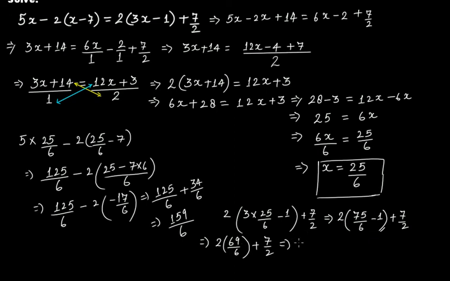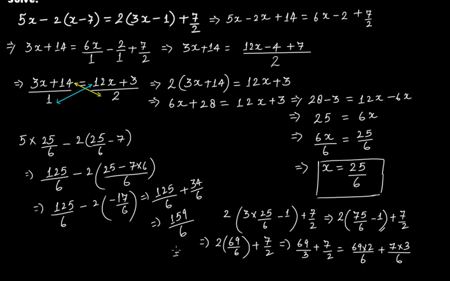And if you open this, you get 2 times 69 by 6, or we can simply write it as 69 by 3 plus 7 by 2. Now you have to take the LCM of 3 and 2. You get 6. So you have to multiply 69 with 2 plus 7 times 3, over 6.